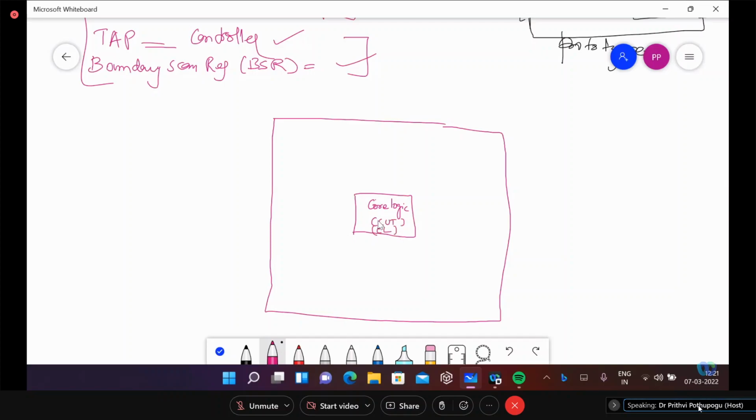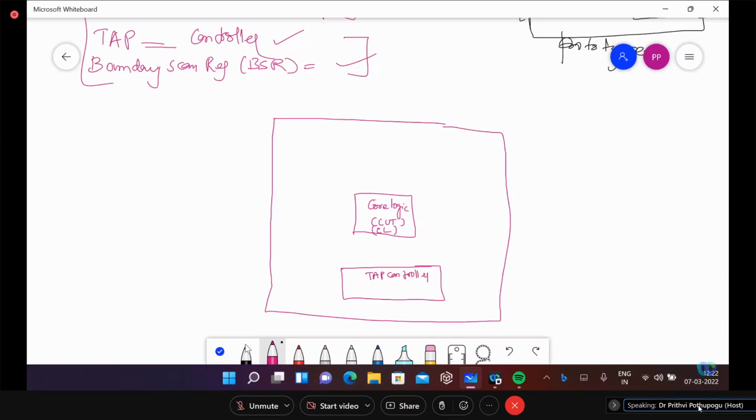So a general name given for this circuit under test or combinational logic is core logic, and this core logic should be provided with the TAP controller. This setup you can see in any electronic gadget, any electronic board. If you open it, you can see this setup there. This is the ANSI JTAG setup. This is the TAP controller.